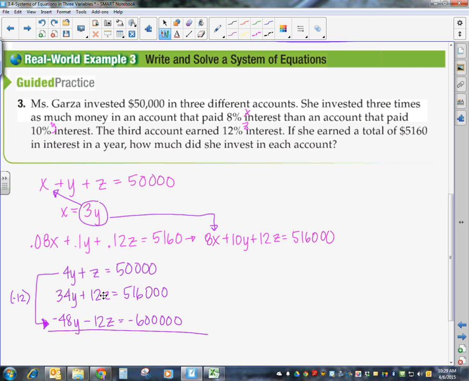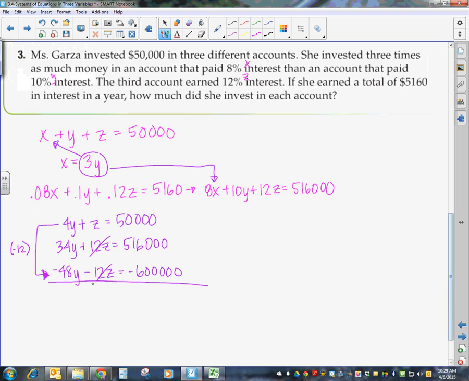So when I add those and my z's fall out, I'm going to end up with 34 minus 48, which is negative 14y equals negative 84,000. And divide both sides by negative 14, and you're going to get that y equals 6,000.